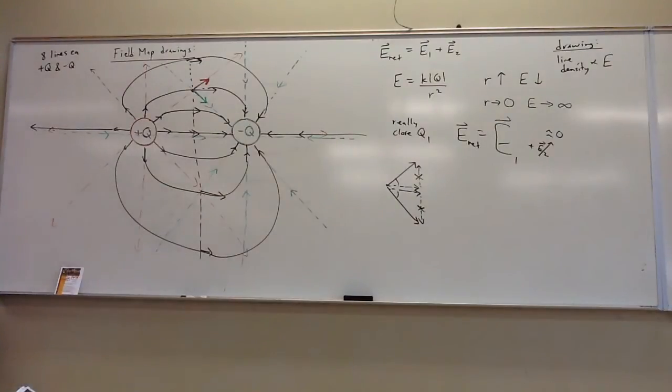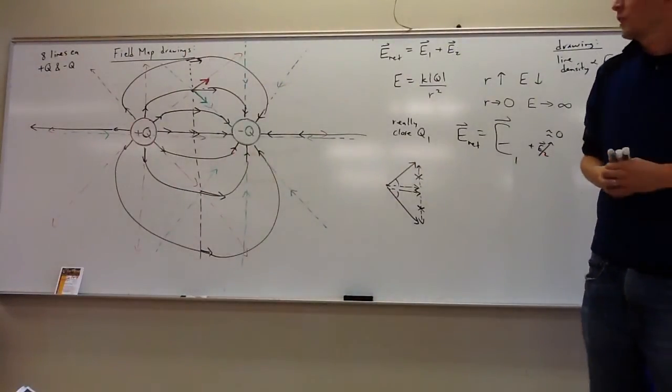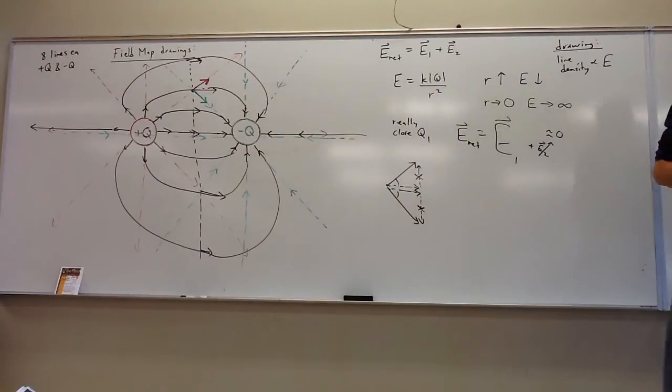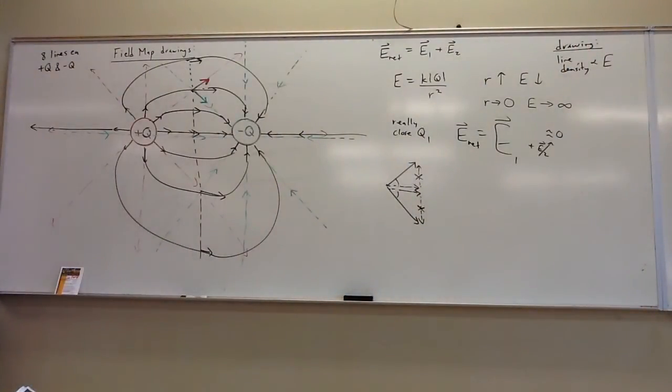Get this kind of low-B shape, okay? So that right there is E net. That is the net electric field that results from the vector combination of both contributors.